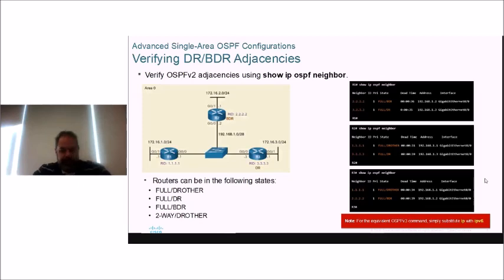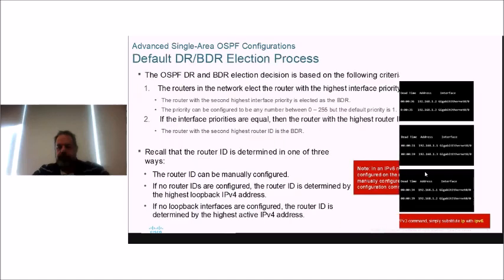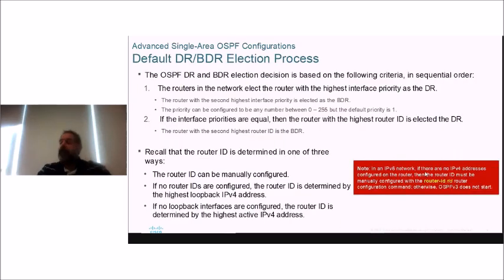Now we don't have two DROthers in this, and so we don't have any two-way adjacencies. But anyway, when I do my demo a bit later, I've actually got 4 routers, and so there will be two-way adjacency.